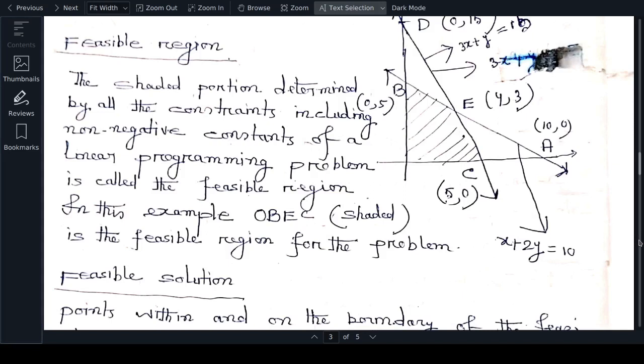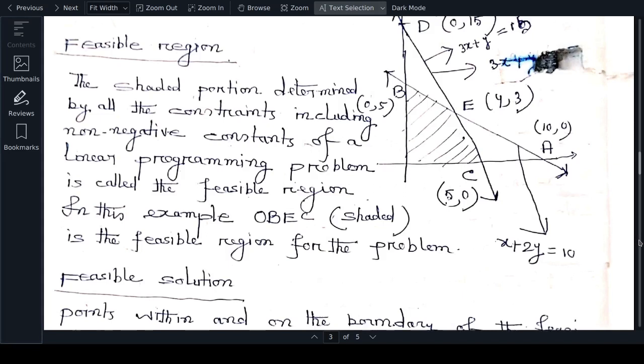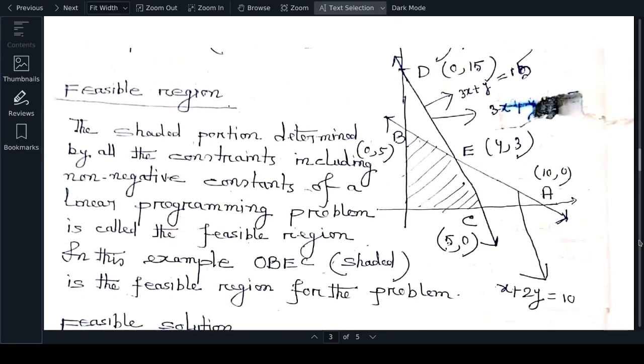Here the feasible region is OBEC. So points lying in OBEC are called the feasible solutions. So points (5, 0), (4, 3), (0, 5) are feasible solutions.